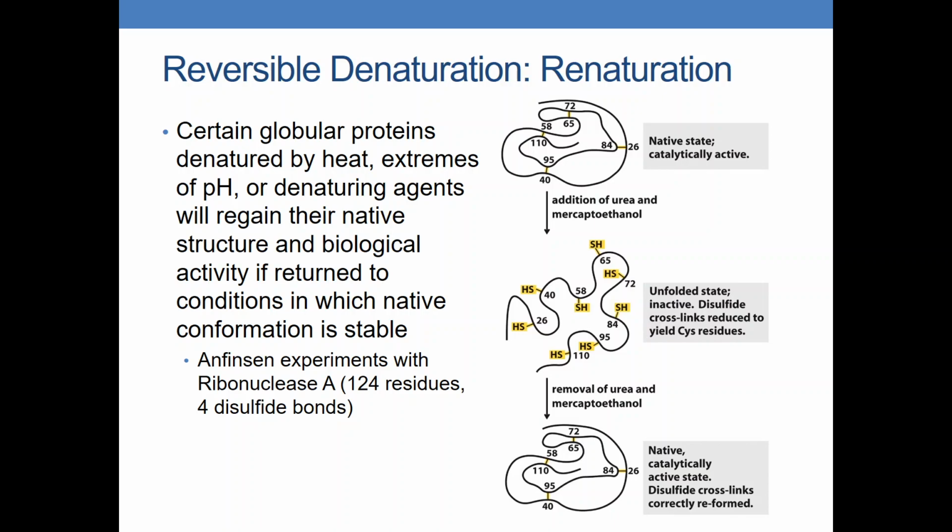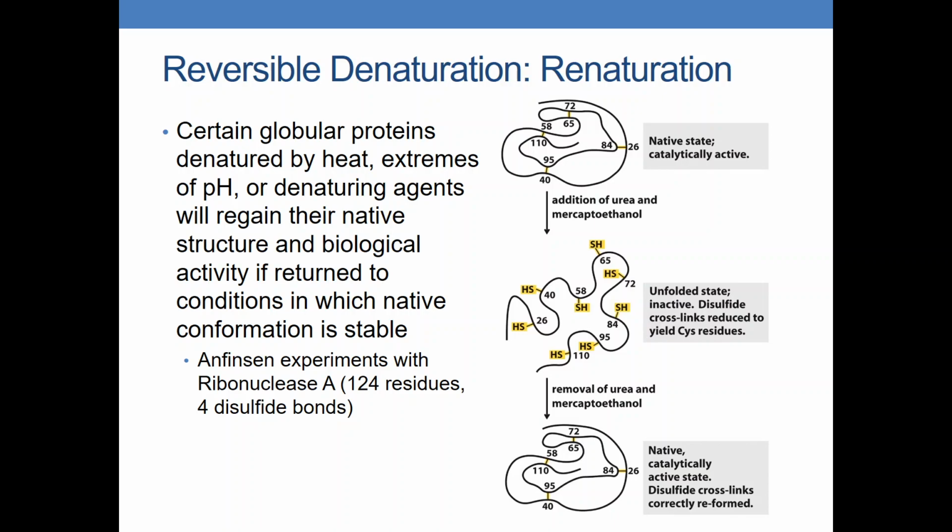Now, to put this into perspective, the probability that RNase A would properly reform all 4 disulfide bonds after renaturation is 1 in 10^5. So the probability is quite low that this would occur. Now, why? How could this be?